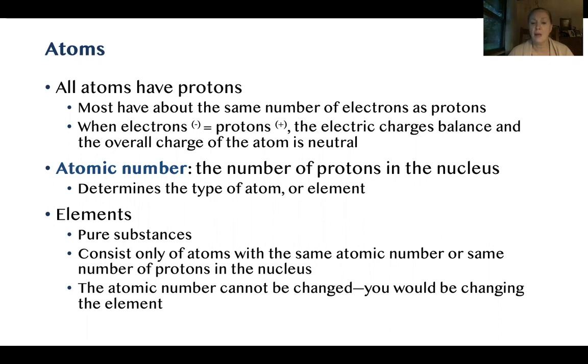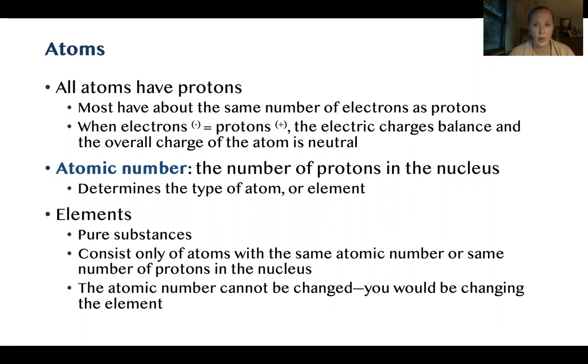The atomic number is the number of protons in the nucleus, and this will determine the type of atom and the type of element. So for instance, hydrogen always has 1 proton in the nucleus. It doesn't have 2, it doesn't have 0, it doesn't have 5.